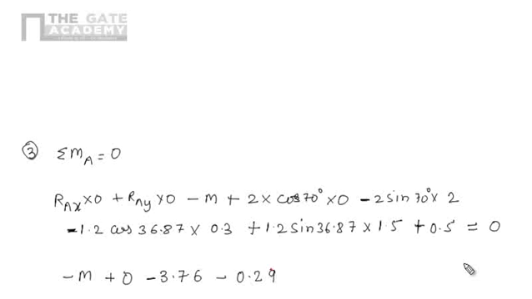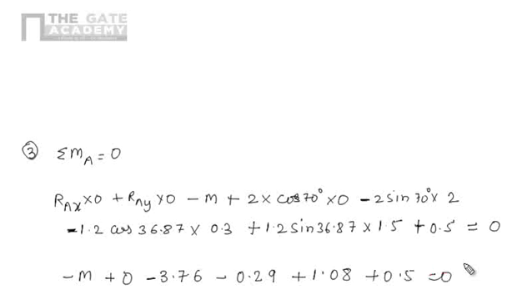And similarly, 1.2 into sin 36.87 into 1.5 will come around 1.08, positive 1.08. And for this moment, it is 0.5.